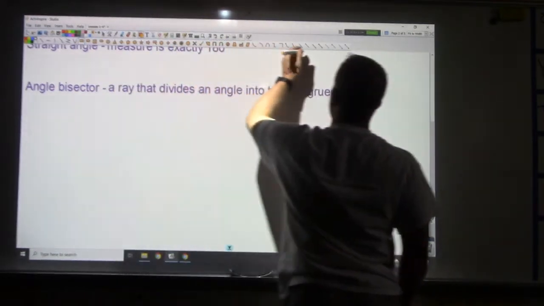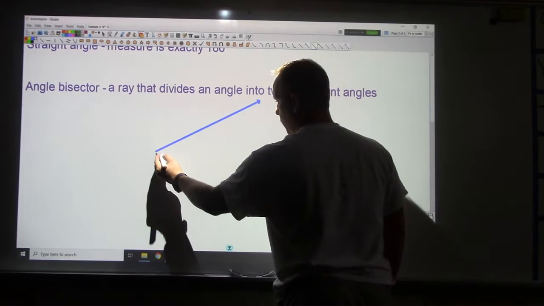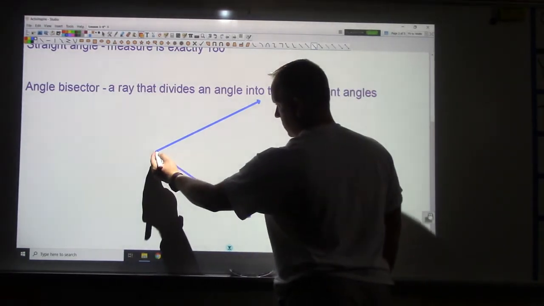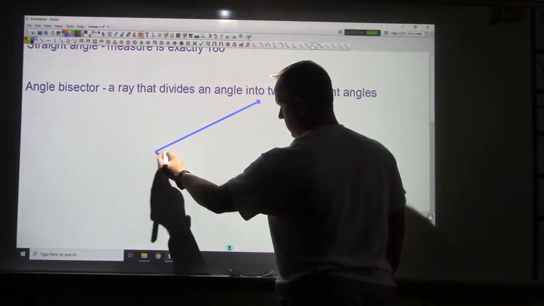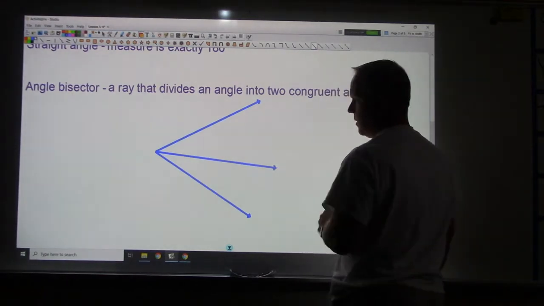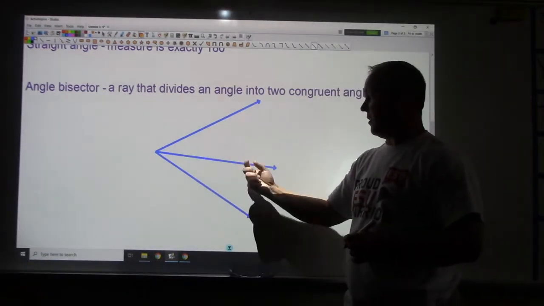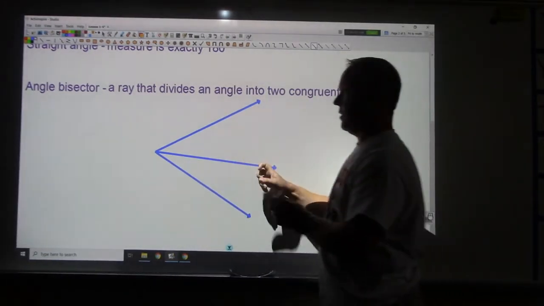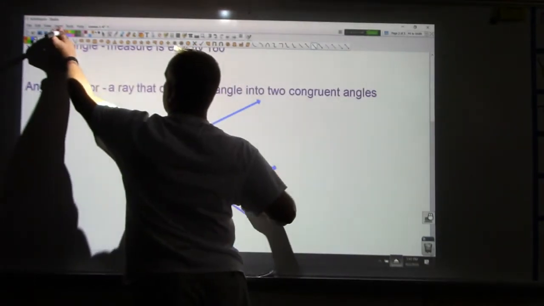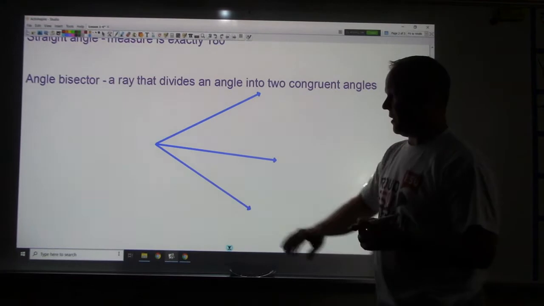So, if I have an angle, this is going to be an approximation, folks. If I have this big angle here, and I say that this ray is a bisector of it, again, they're going to have to tell you in the instructions that this is an angle bisector.